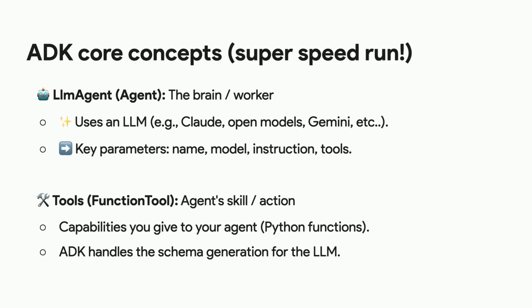This class represents the brain of the agent, and it supports several models, including Claude. It requires you to set the model, give the agent a name, some instructions, and define the tools that you want to use. And then after you've done this, you get your agent up and running.